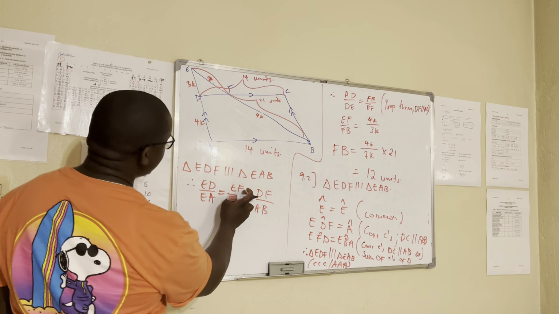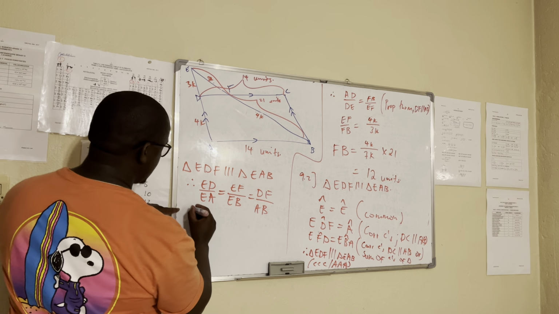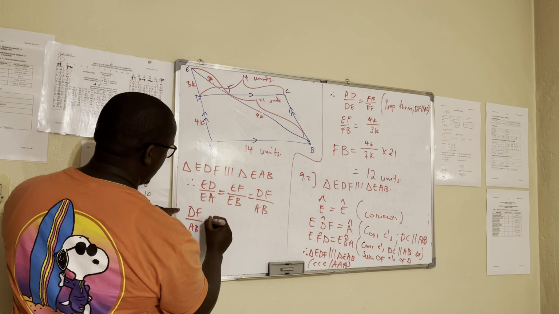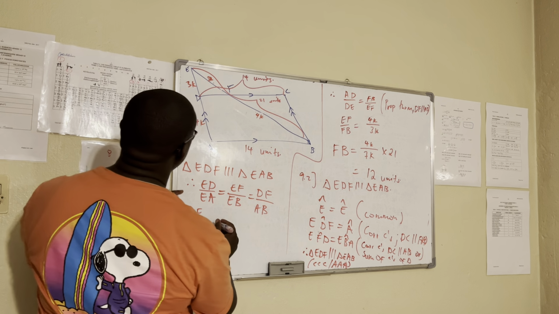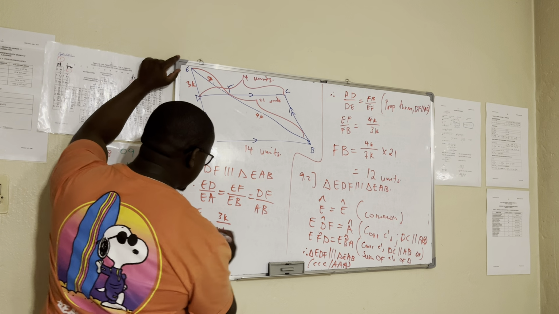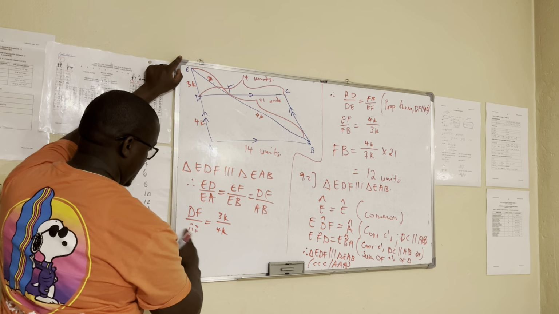Get EF over this is equal to that over there. And then the meaning DF over AB will then be equal to 3K over 4K. Let me just write the 14 units over there, because that's 14 over there.